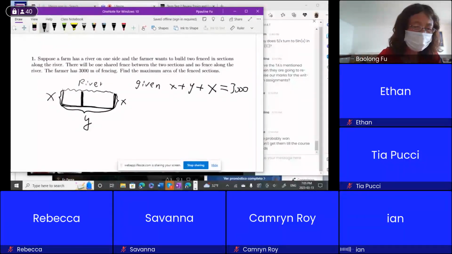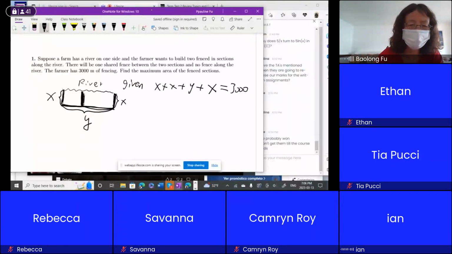Would that be 3X plus Y equals 3,000, or would that be 2X? You're right, because this is a shared fence. Actually, you are right. All the material, this plus this plus this plus this Y, so it should be 3X. Good. Thank you.